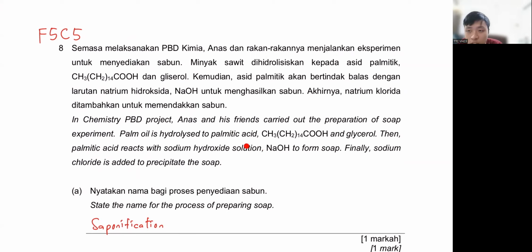Similar to neutralization, quite similar when you form soap. The only problem is they need to add two more things. They need to add distilled water and sodium chloride to take out the precipitate of soap. So that is how to process soap. You can look at the procedure as well.